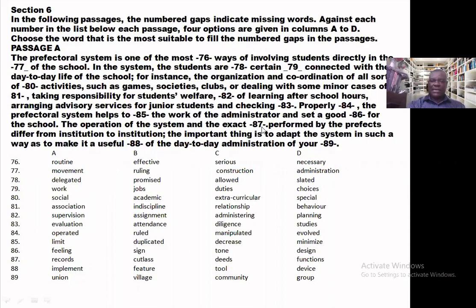All right, let's look at the exact 87, records, cutlass, functions. Students perform functions. The appropriate implement feature, no, we can talk of tool for, but a feature of, yes, appropriate to make it a useful feature of the day-to-day administration of your community. We talk of the school community.